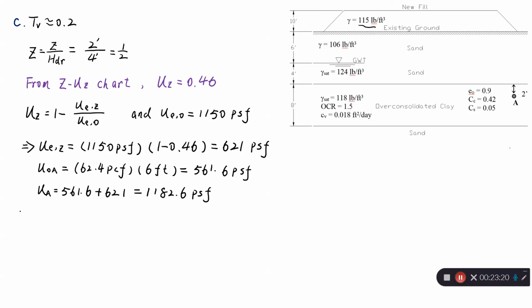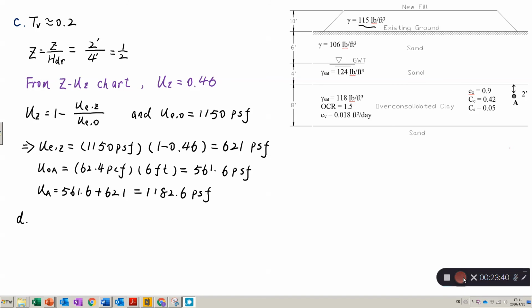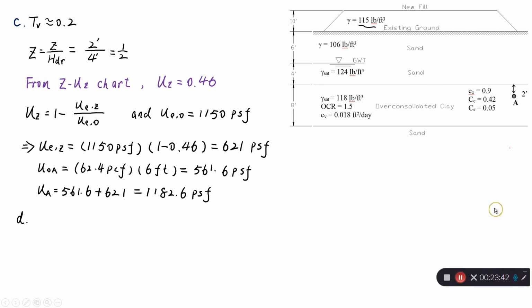Okay, and then part D would be pretty straightforward. Part D asks for effective stress at point A, and actually there are two ways to do it. Effective stress just refers to the basic definition: effective stress equals the total stress minus the pore water pressure.